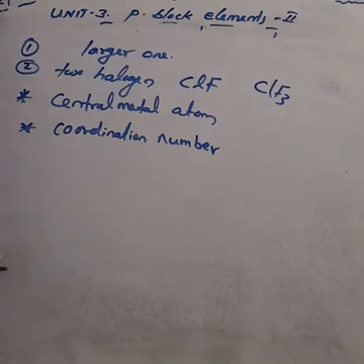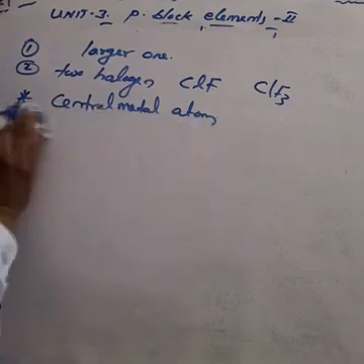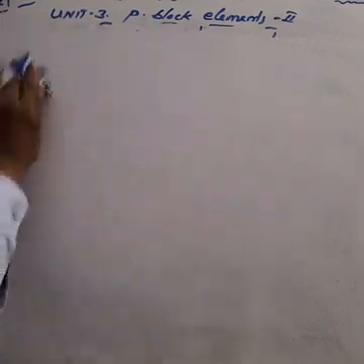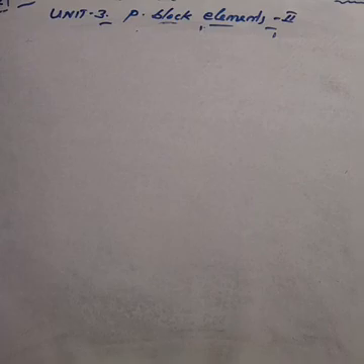We know that fluorine has a small atomic size. Am I right? Fluorine is one of the smallest in the halogen family. Here, the small size helps the central atom to attain a high coordination number.